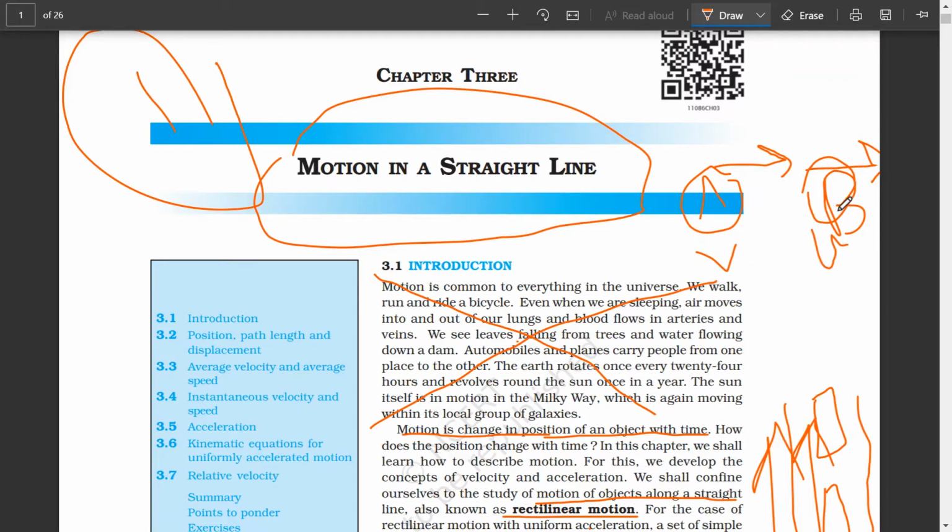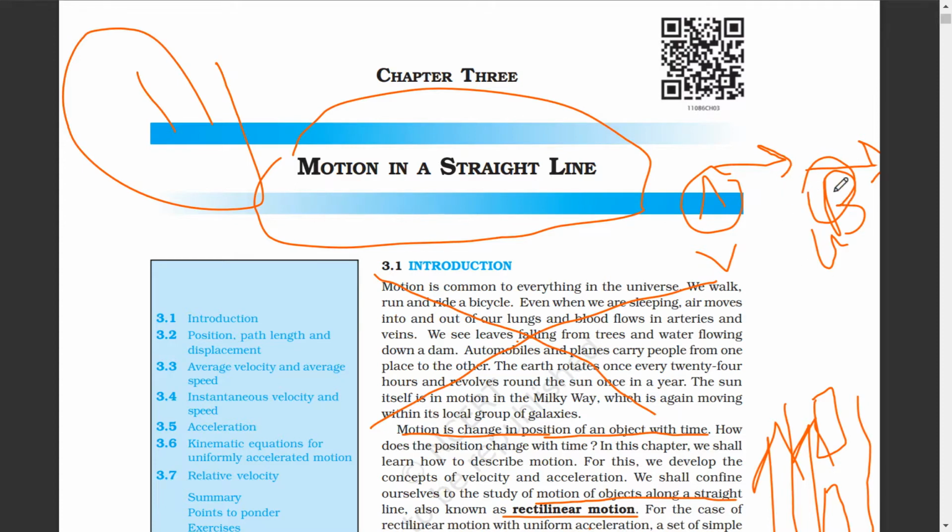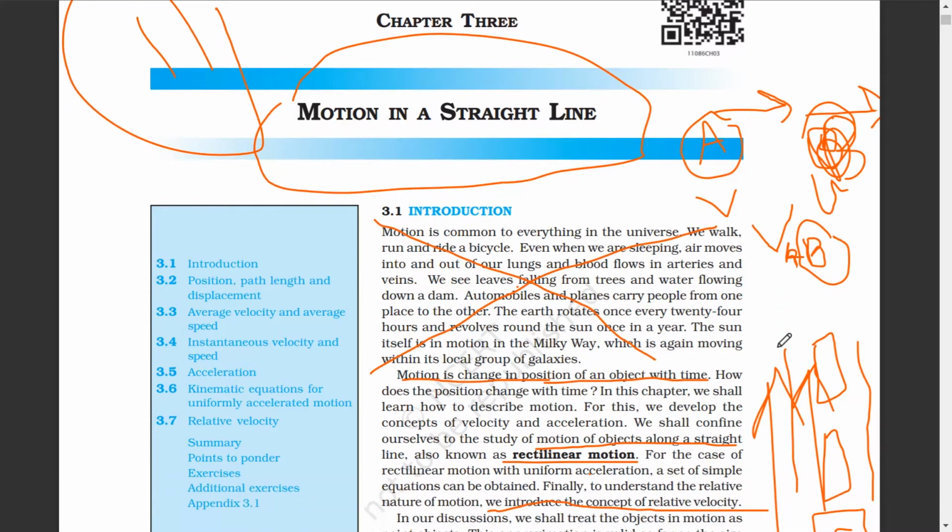So now what relative velocity means is that velocity, like if I write v_AB, that means velocity of A with respect to B, when we are sitting at this point. When we are sitting at this point, then what will be the velocity of A with respect to the point B? This is known as v_AB. I know I don't have a proper pencil, so it won't look good.